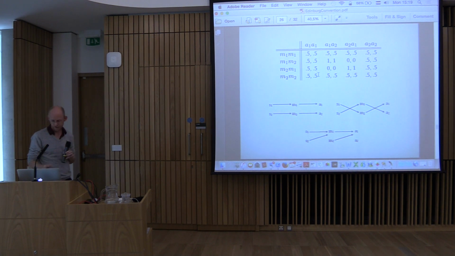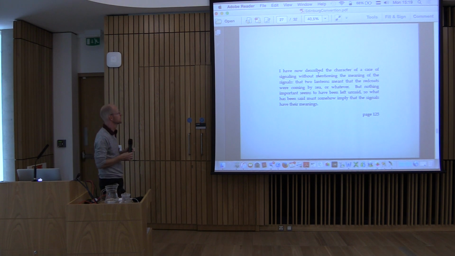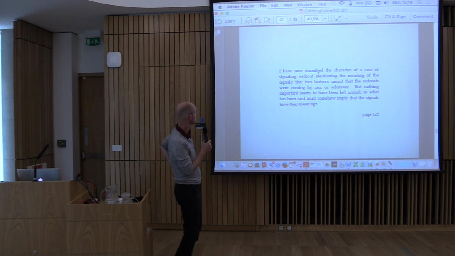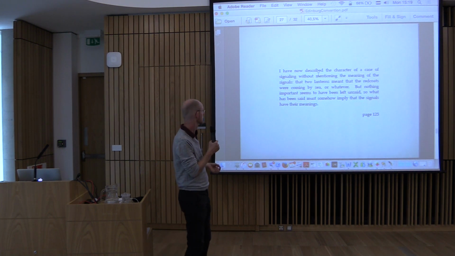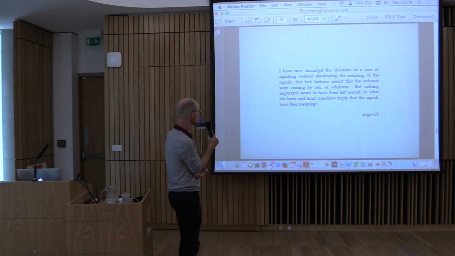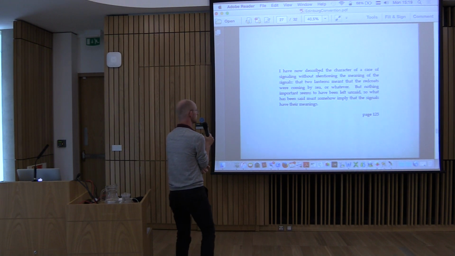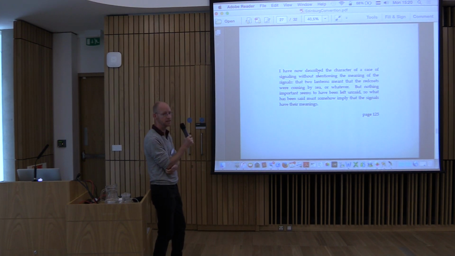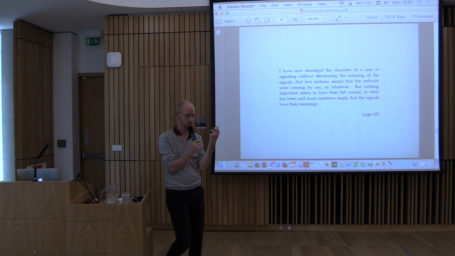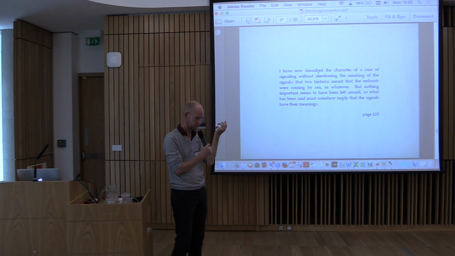If these are the conventional equilibria, then David Lewis says, I've now described the character of a case of signaling without mentioning the meaning of the signals. That two lanterns meant that the red coats were going by sea, or whatever, but nothing important seems to have been left out. So what has been said must somehow imply that the signals have their meaning. Being a solution to a signaling game is enough to describe meaning.